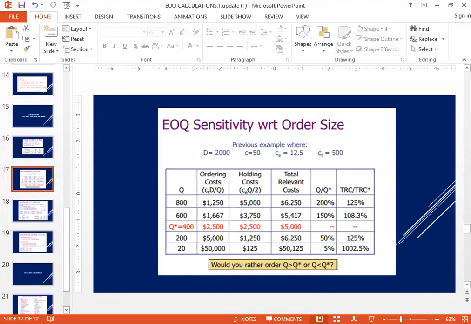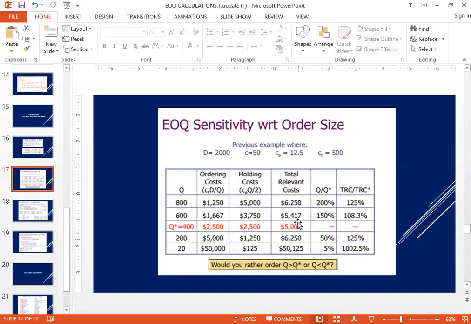Now on this slide, the point they're trying to make is that if you look at the total relevant cost at various Q values, where the order quantity is different, the total relevant costs are going to be the lowest at the Q star or EOQ amount. You can plug these quantities in using these values and calculate the ordering cost, the holding cost, and the total relevant cost.